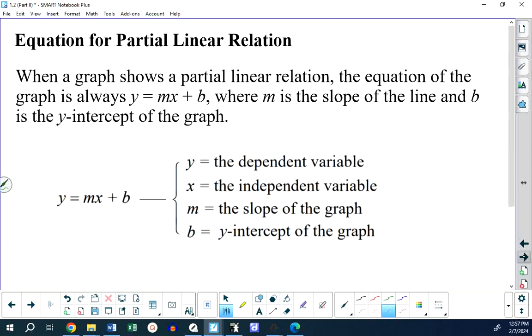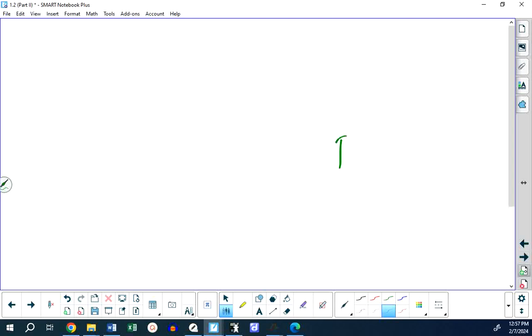What's important about direct linear relations? What is important? It's a straight line, but what's important to make it direct? Do you remember? It's the origin. Can you tell me what the y-intercept of this graph is?